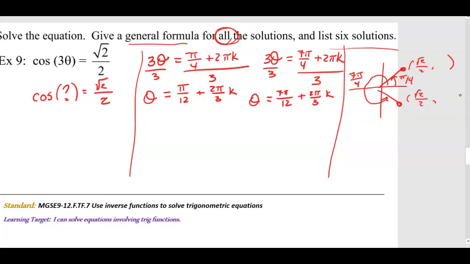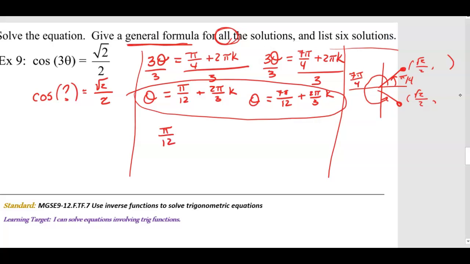But now I need to crank out some solutions. At this point, not a lot going on other than a lot of arithmetic. Once again, I'm going to circle my general rules, because this is part of my solution. Now I'm going to do like I did last time. If I want a common denominator, so I have pi over 12 and 7 pi over 12, then I'm going to multiply top and bottom by 4, and that's going to give me 8 pi over 12.